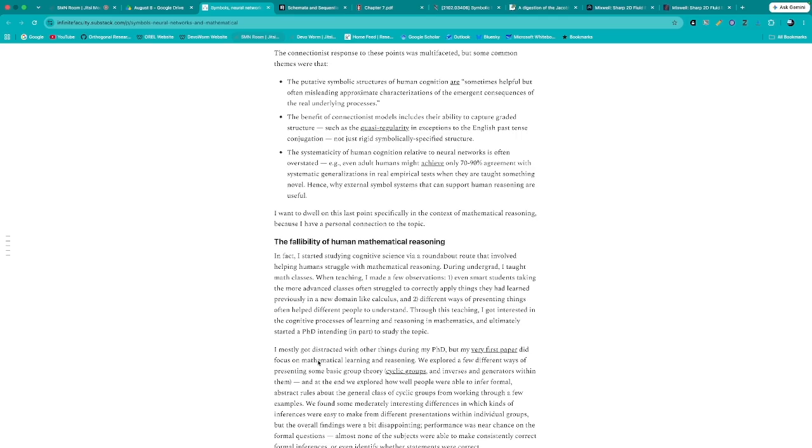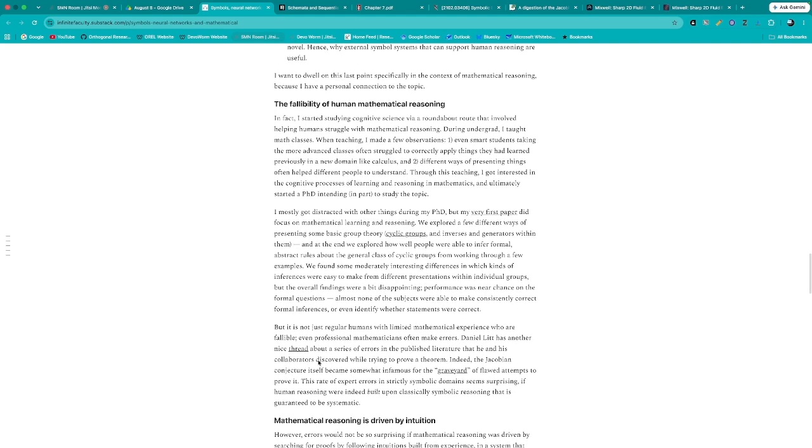And then what he talks about here is that he brings up some personal experience with the fallibility of human mathematical reasoning. This is something that he derived from his experience as an undergraduate teaching math classes, and even advanced smart students, people who are pretty well versed in their field, often struggle to correctly apply things that they had learned previously in a new domain like calculus.